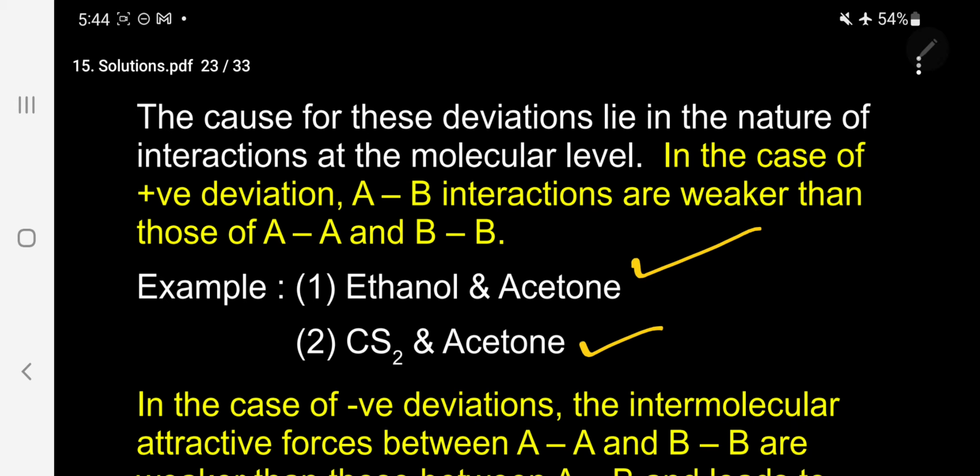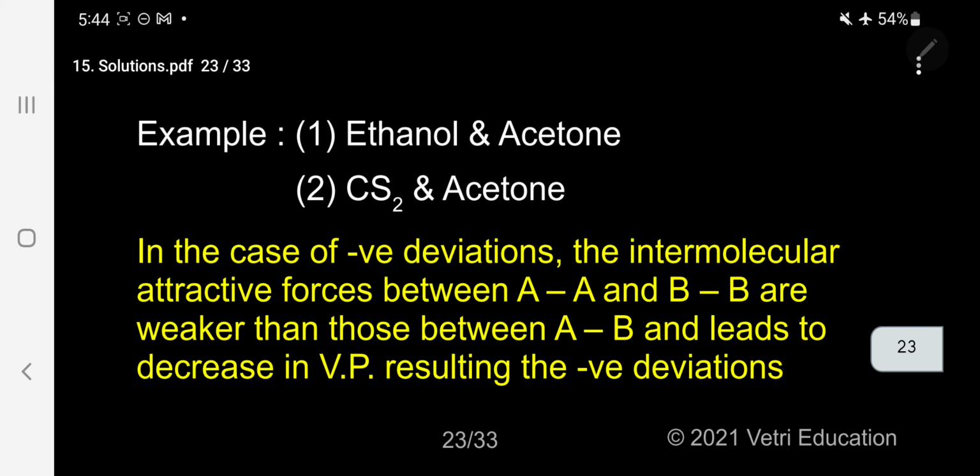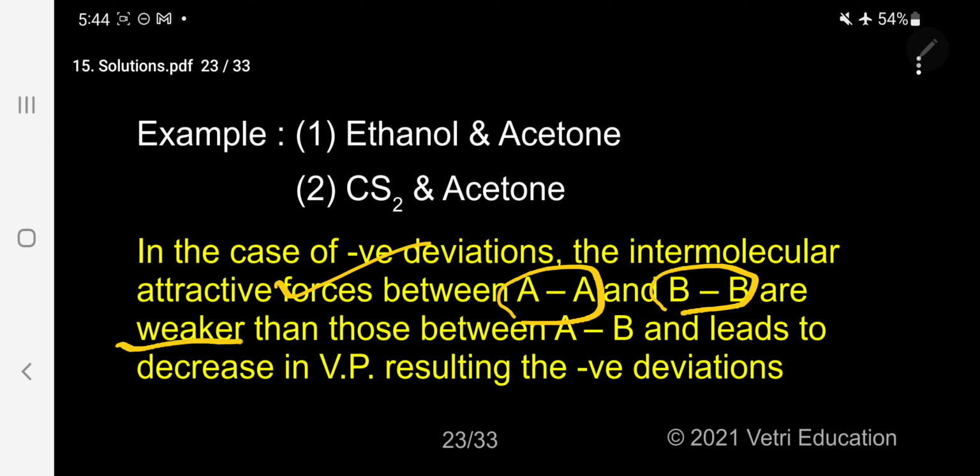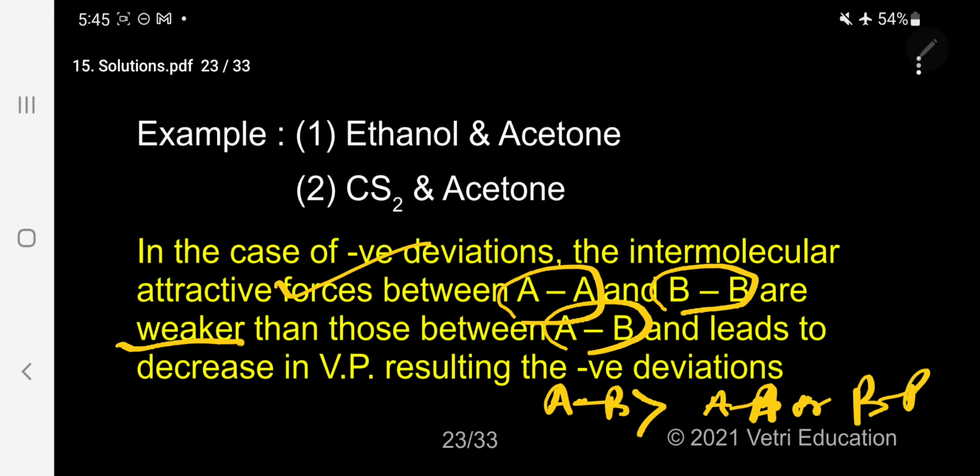Kindly follow. In the case of negative deviations, the intermolecular attractive forces between AA and between BB are weaker than those between AB. So AB here is stronger than AA or BB. Please follow.